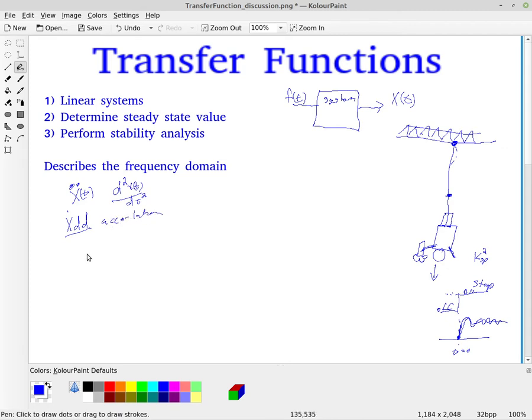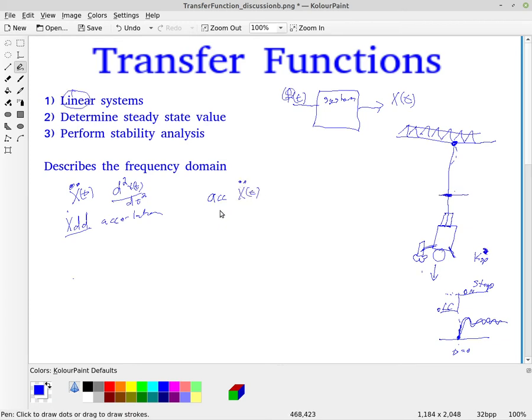We already looked at that. According to Newton's laws, when we apply a force to an object, the force is equal to the mass times the acceleration. So the acceleration is the sum of all the forces divided by the mass. The acceleration is our second derivative, x double dot versus t.